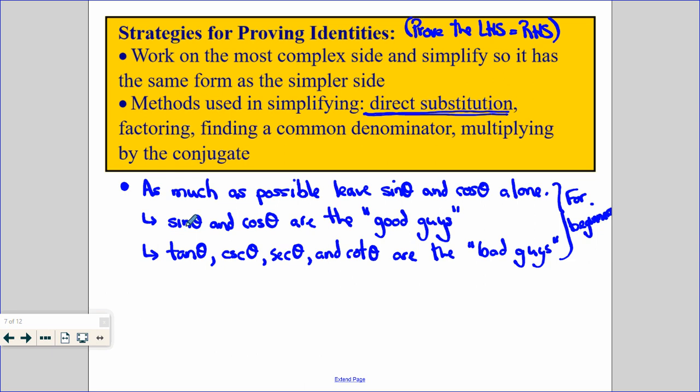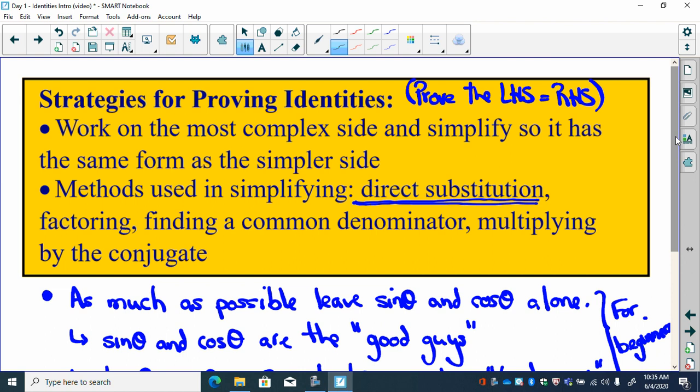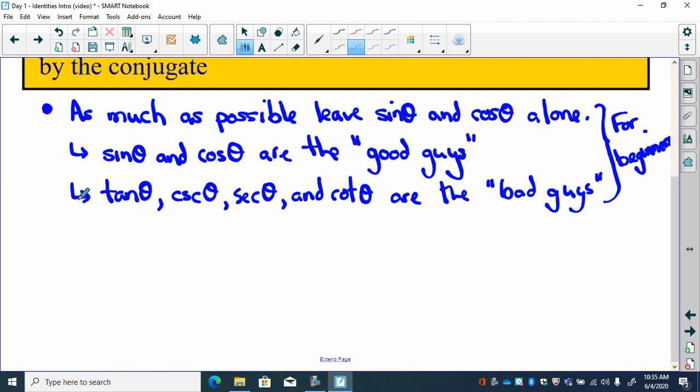I suggest saying that sine and cosine are the good guys, so to speak, so as much as possible we'll leave those alone. And then the other trig ratios, tangent, cosecant, secant, and cotangent, we're going to change those. All of these can be expressed in terms of sines and cosines.